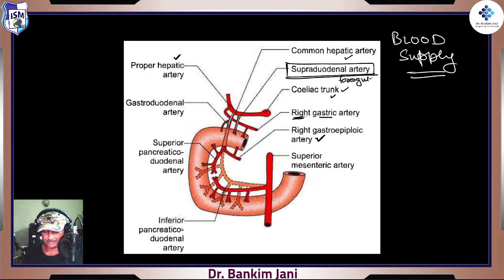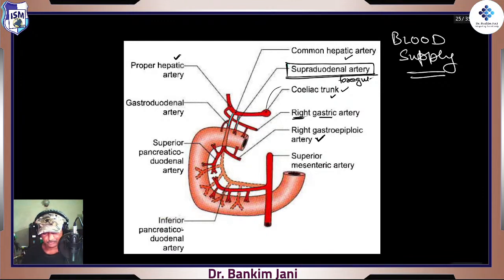It is humbly giving this small branch, and then that will be talking to the right gastric. So it will take care of the arcade at the lesser curvature, right? Only the splenic is left out, so that splenic will go and supply that organ which has no role in digestive system, but still, because it is part of our gang, as it has got peritoneum, one supply goes there also. So that part is done.